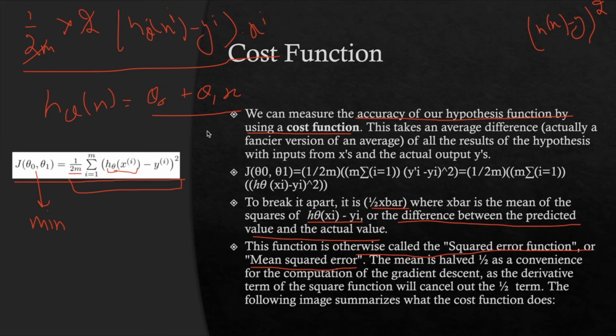So we try different values of theta 0 and theta 1, or just differentiate it and we get the minimum value. So we also use it as a minimizing function or square error function, and we minimize it until we get the predicted value and the actual value closest.